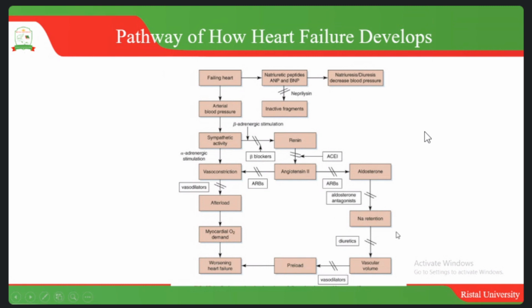So there are so many factors that can contribute to heart failure, both in relation to cardiac output and in relation to other systems that function together with the heart, and this will cause cardiac failure. So many factors come in.